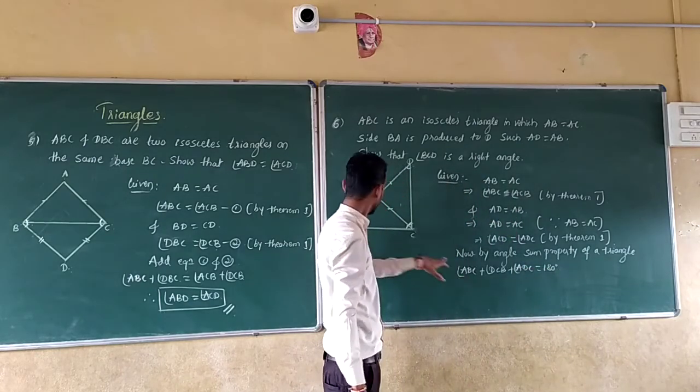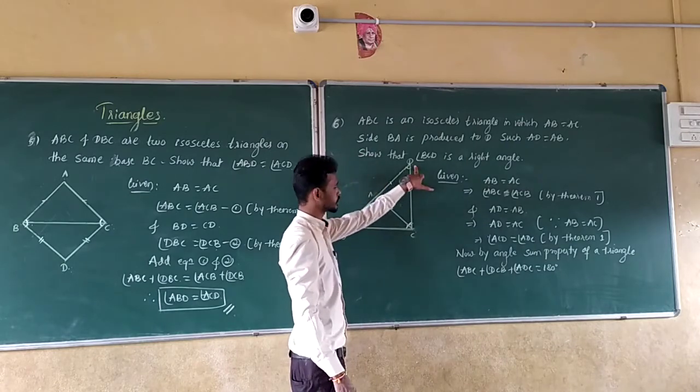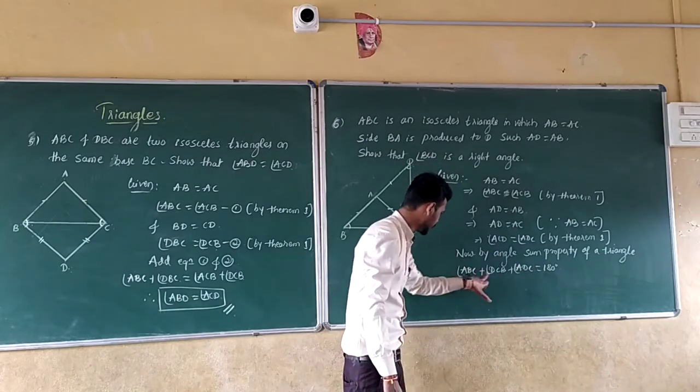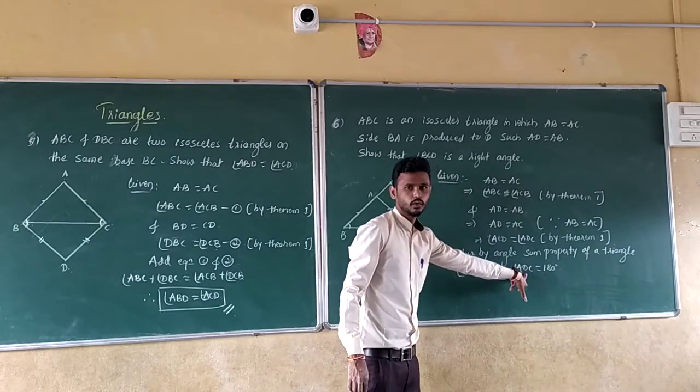Means angle B plus angle C plus angle D is 180 degree.